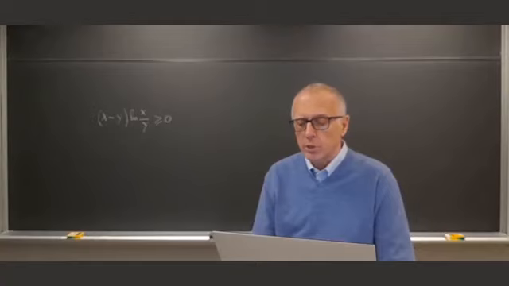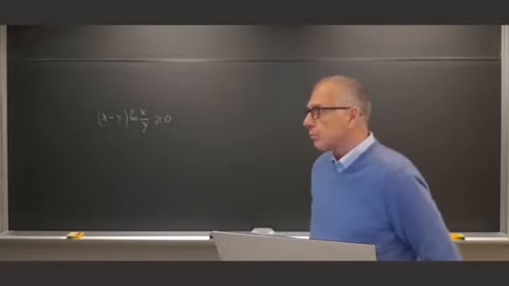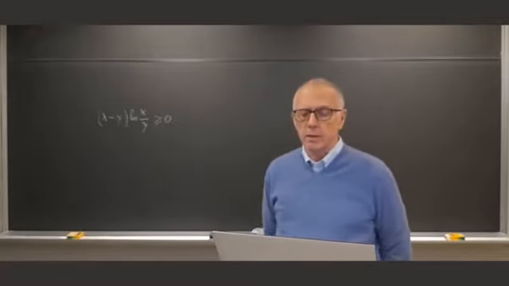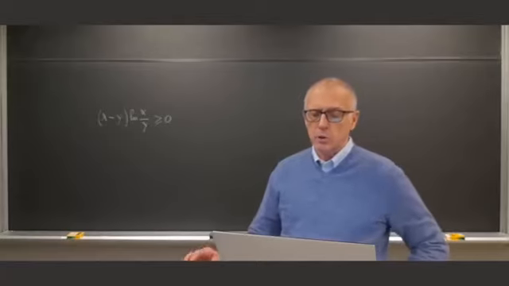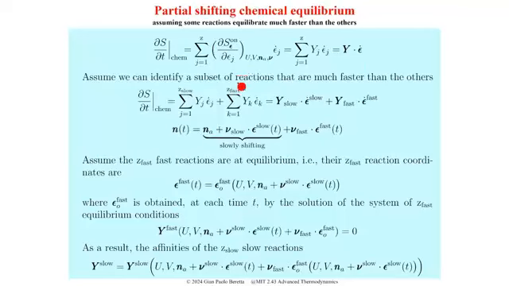So we can save ourselves some time or complication if we assume that they are at equilibrium. So essentially what we do is to split the set of Z reactions into a set of slow and a set of fast reactions. So I split the summation into two summations.